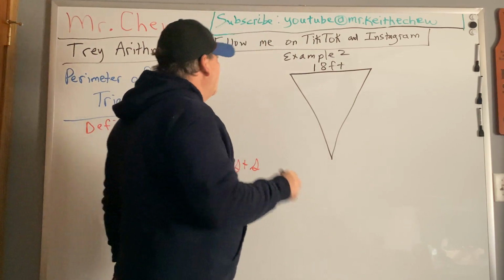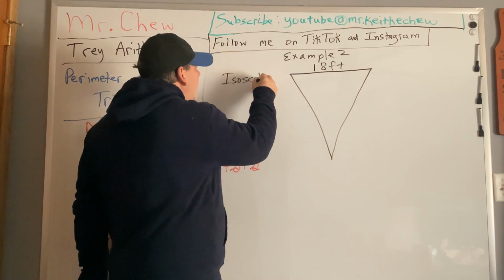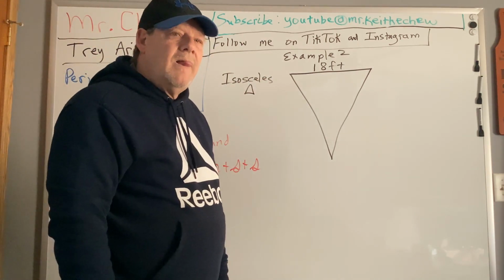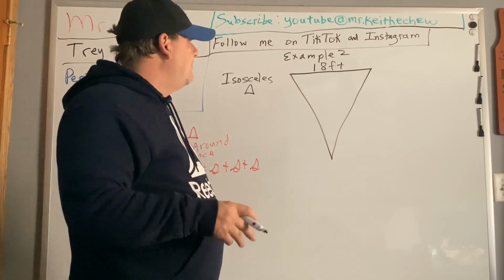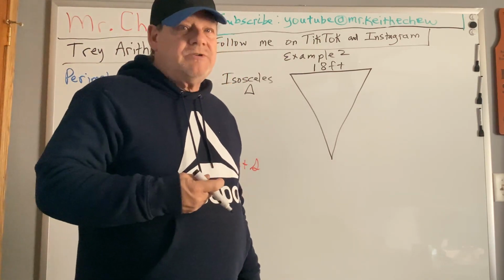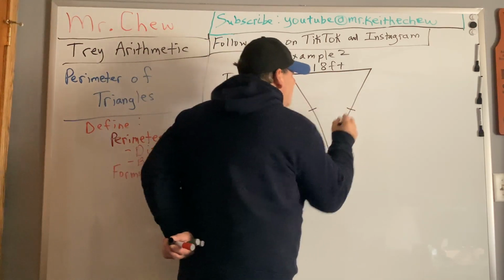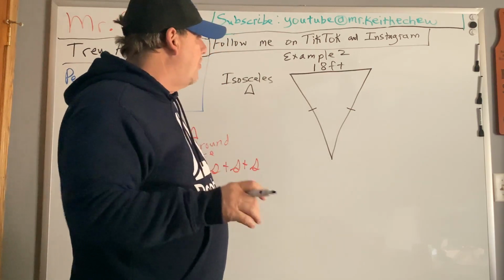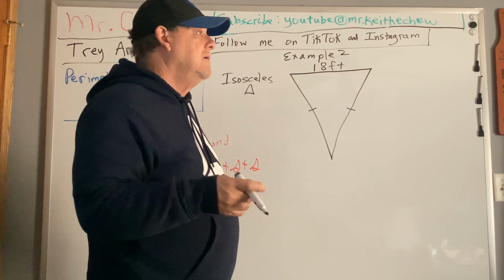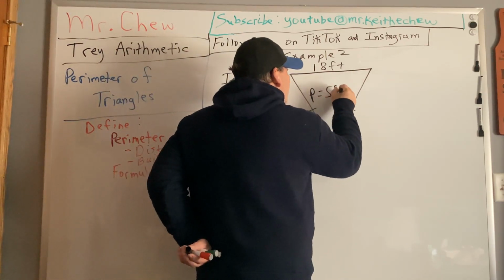I am also told that it is an isosceles triangle. Well, what does that mean? It means it's going to have 2 sides that have the same length. Now, being a geometry teacher in high school, we would mark these with little tally marks to say that those 2 are the same length. They told us that the perimeter is 58 feet.